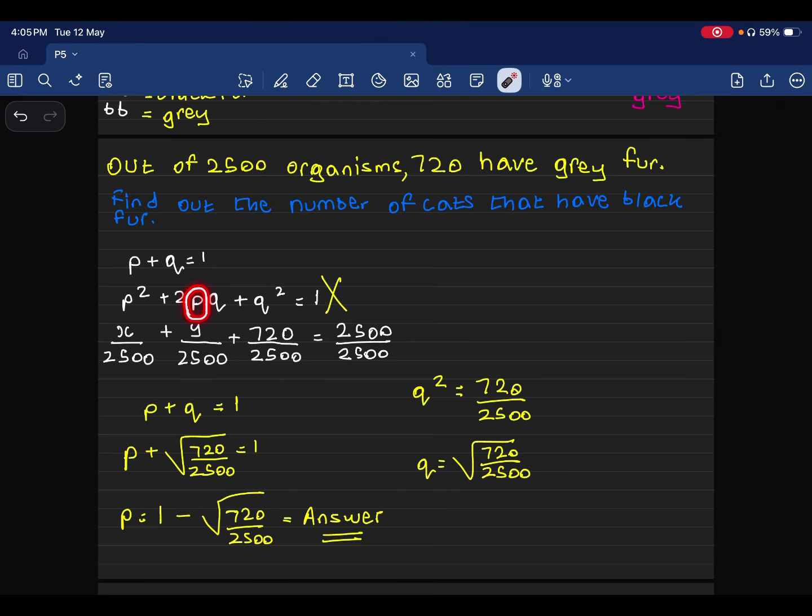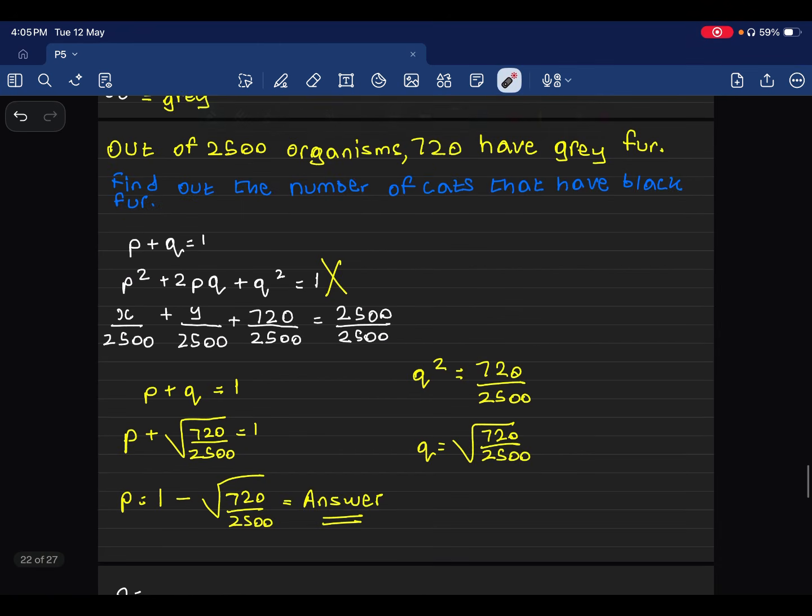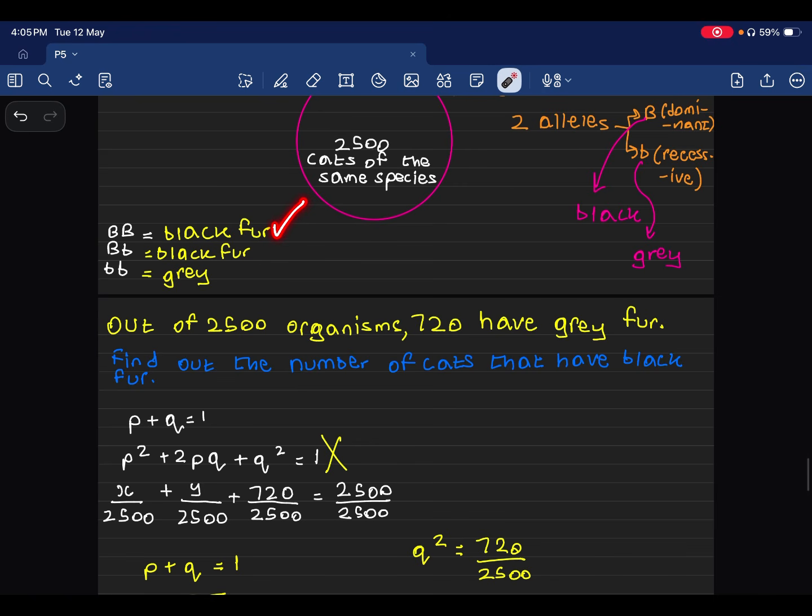P here means all of those organisms that have the dominant allele inside of them. This is important. What does p mean? P basically means how many organisms have the dominant allele inside their genotype. These can be homozygous dominant and also heterozygous. Even the heterozygous have the dominant allele in their genotype, right?